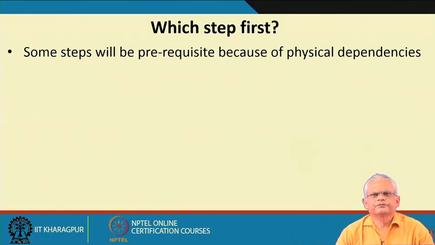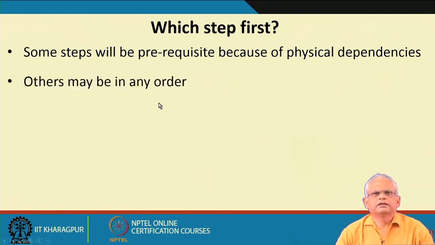For example, until the customer registration is done, customer billing cannot be done. First, we must have the customer registration software developed, and then only the customer billing software can be implemented.